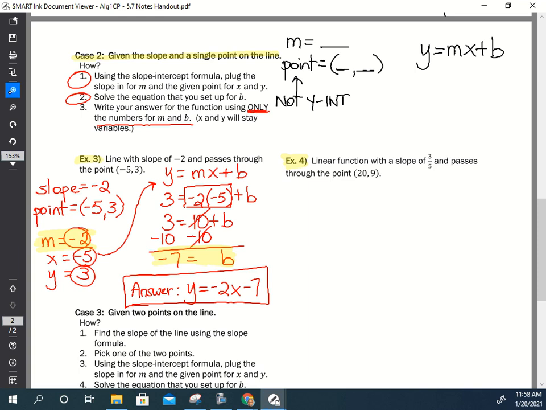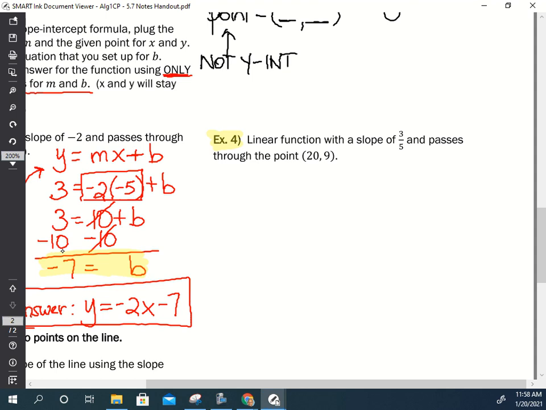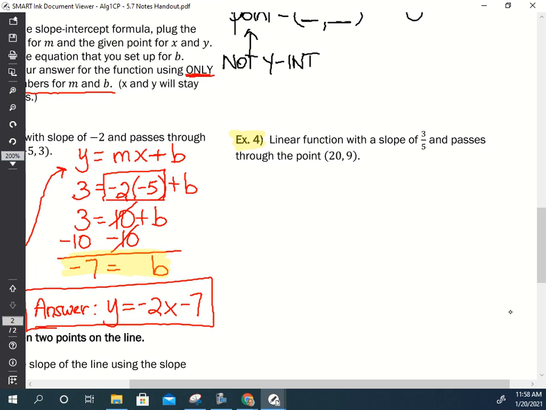Blow this up just a little bit so I can have a little bit more space. So example 4. We have a slope of 3/5 and it passes through the point 20, 9. We're still using y equals mx plus b. Our slope is 3/5, and our point is 20, 9.